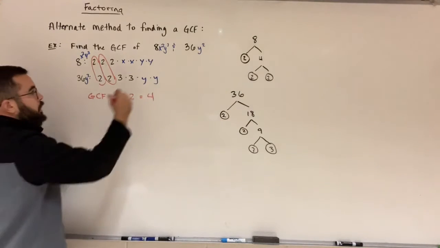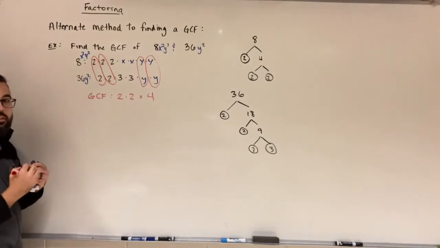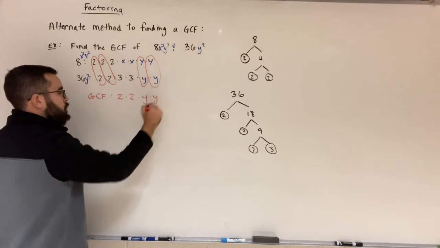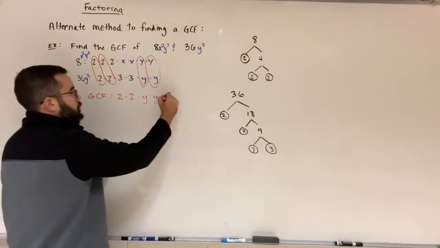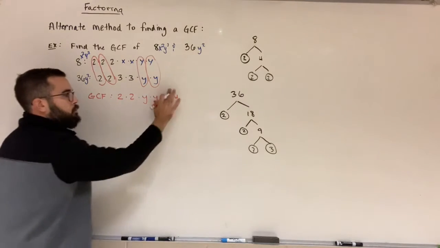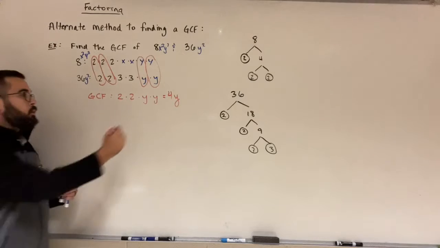So then the GCF, they share a couple factors of y. So my GCF is going to be 2 times 2 times y, which is just 2y. Just kidding, 4y squared.